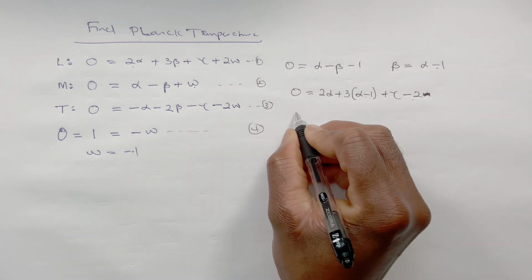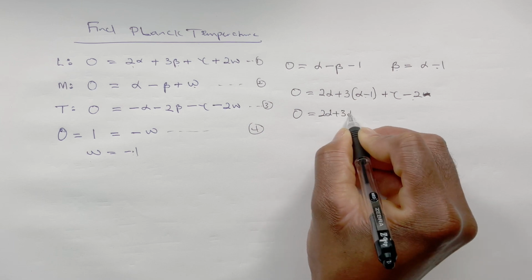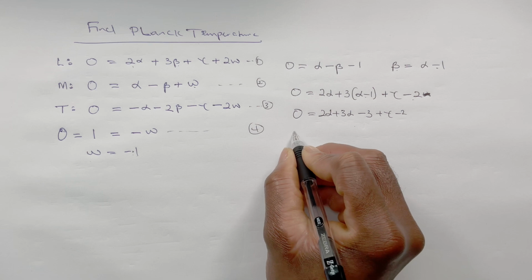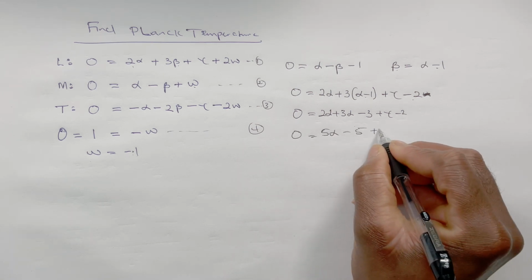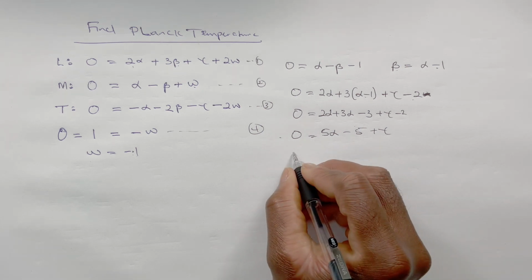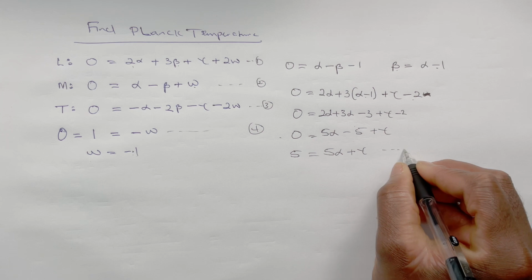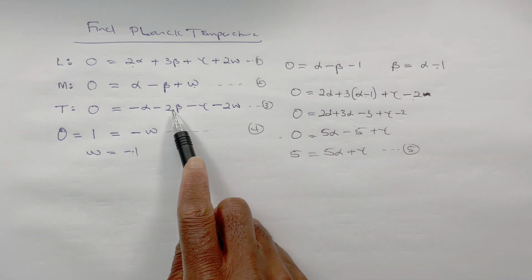Simplifying this, 0 equals 2 alpha plus 3 alpha minus 3 plus gamma minus 2, that will be 0 equals 5 alpha minus 5 plus gamma. Take the 5 to the other side: 5 equals 5 alpha plus gamma. Equation 5. I'm going to put that and these into equation 3.